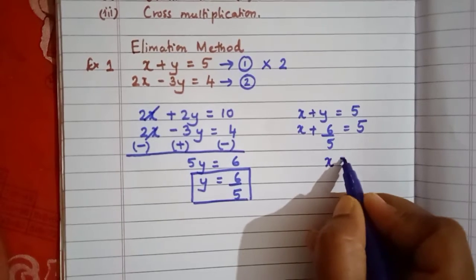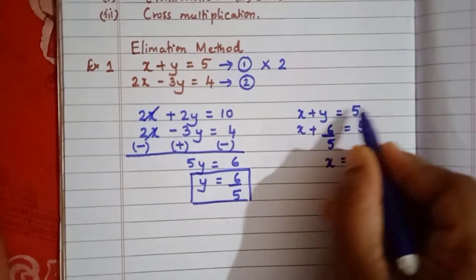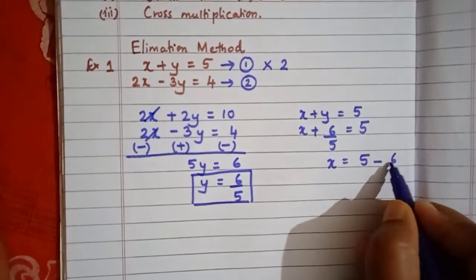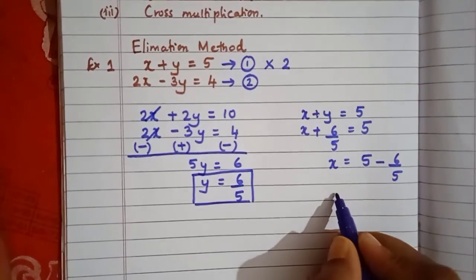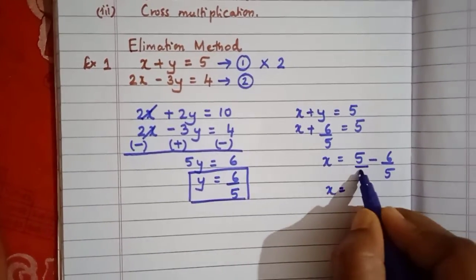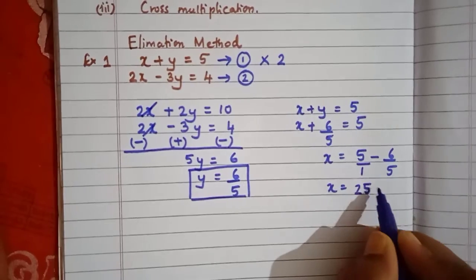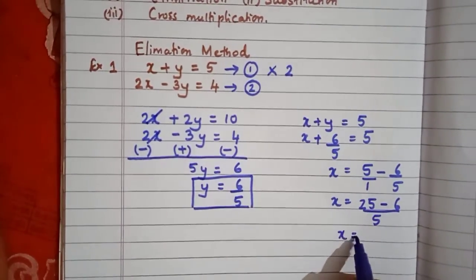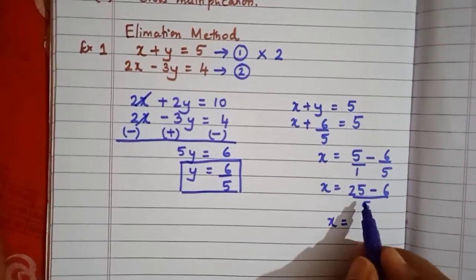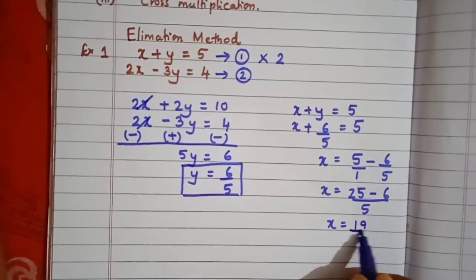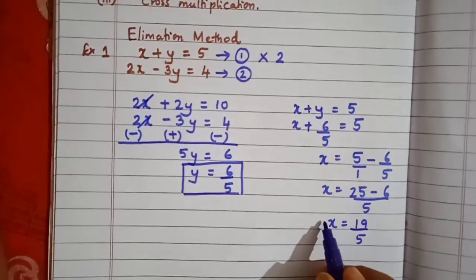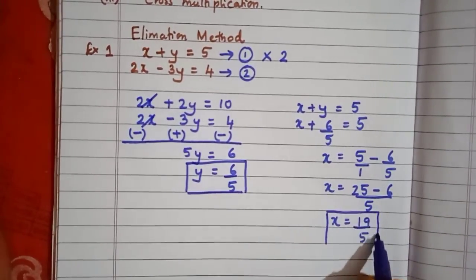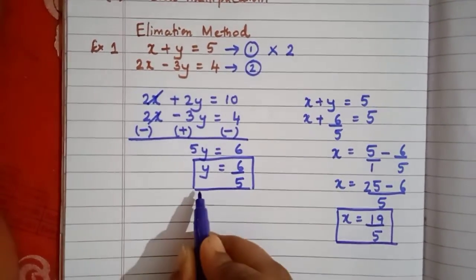So x will be equal to 5 and this, when it goes to the other side, it becomes minus 6 by 5. So x will be equal to, take the LCM, so it will be 25 minus 6 by 5. So x will be equal to 25 minus 6, which is equal to 19 by 5. So now you have got both the values of x as well as y.